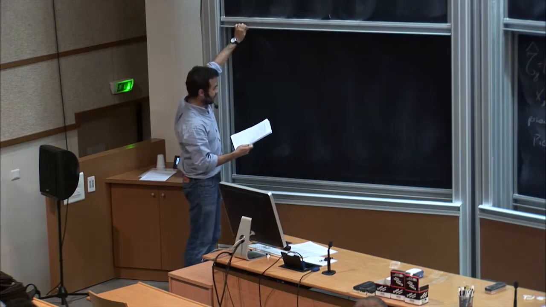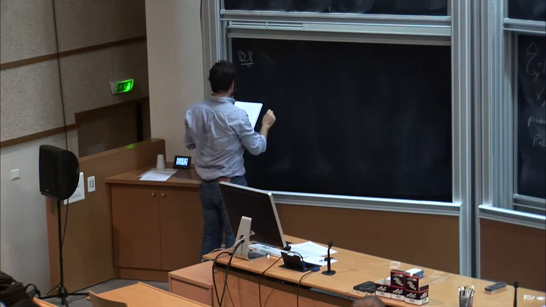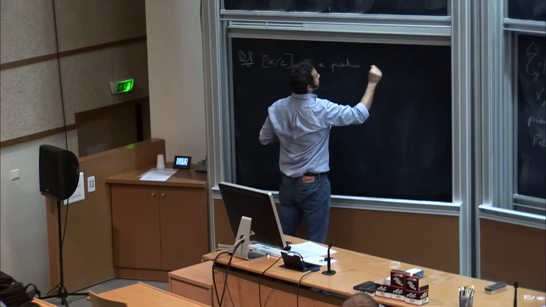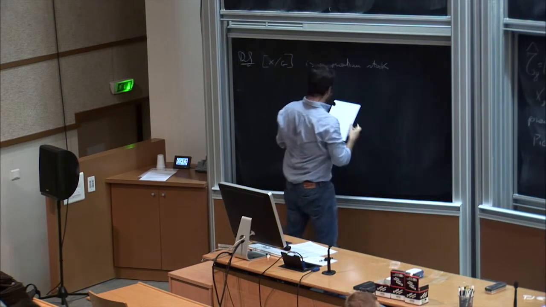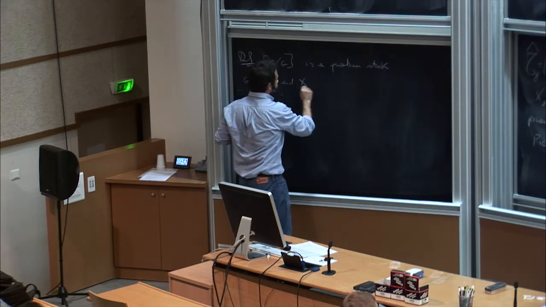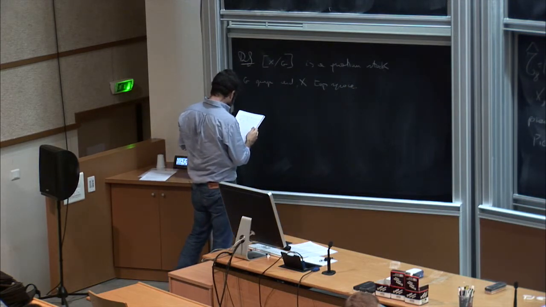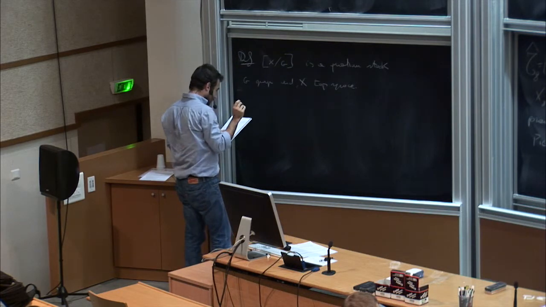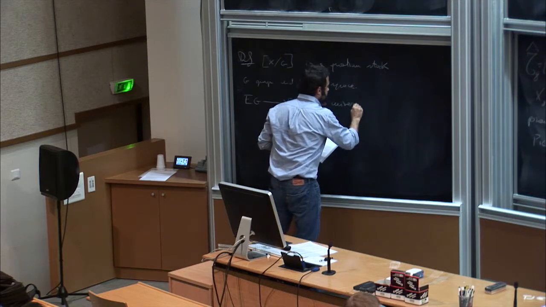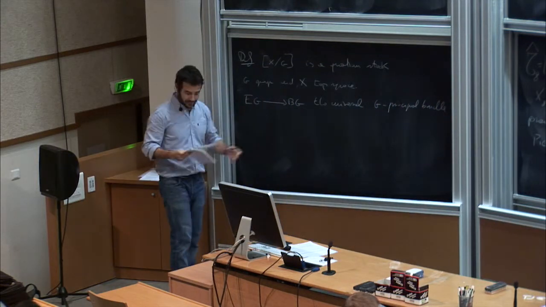So I will define this object. If X is a quotient stack, or orbifold if you prefer, where G is a group and X is a topological space, let EG over BG be the universal G-principal bundle over the classifying space.